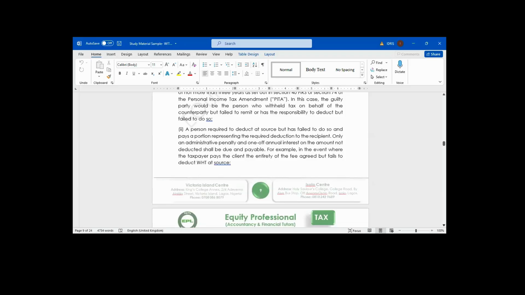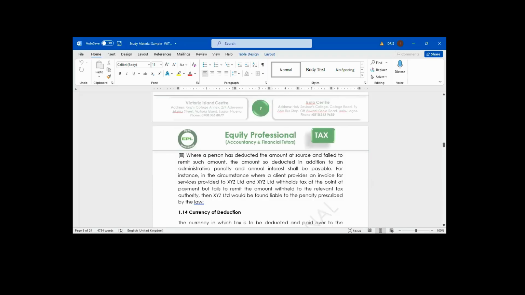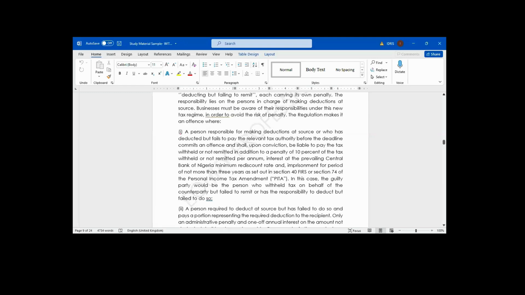What is the penalty? It attracts a penalty specified by the relevant tax authority from time to time, and that penalty is 10% of the amount of tax not deducted, plus interest at prevailing commercial rates.